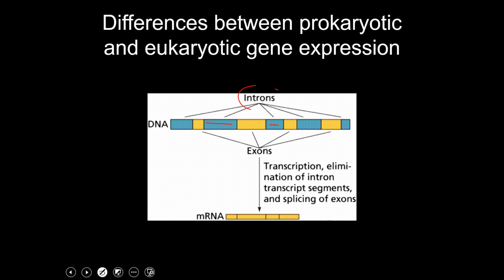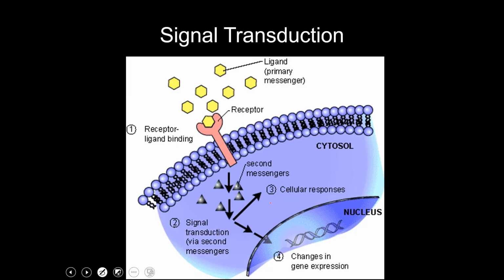Well, the gibberish is called an intron. What we do in eukaryotic gene expression is we splice out the introns and then glue the exons together to make our actual functional mRNA. That's called mRNA processing or splicing when that happens, and only eukaryotes do that. Prokaryotes don't.